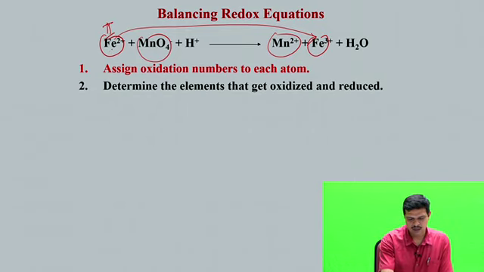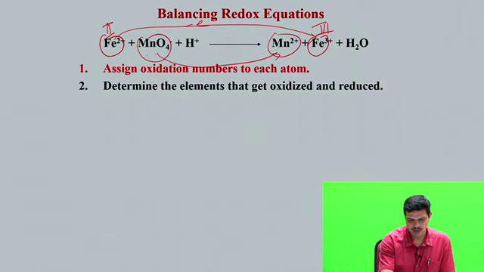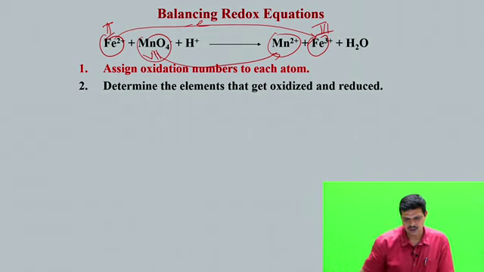Here the oxidation number is 2 and here it is 3, so this involves a 1 electron oxidation. And this one is the plus 7 oxidation state, and here it is 2. So this is an addition of 5 electrons.